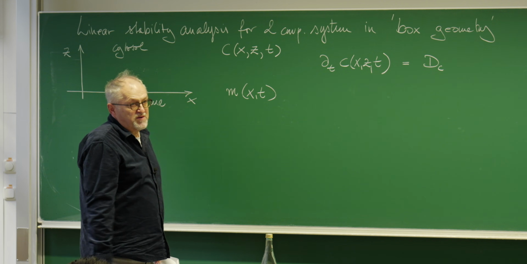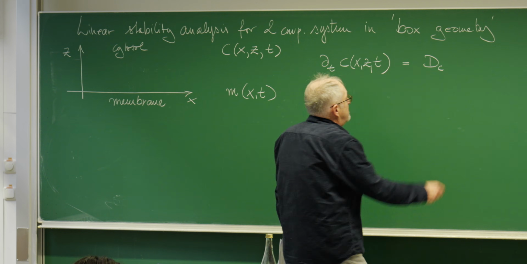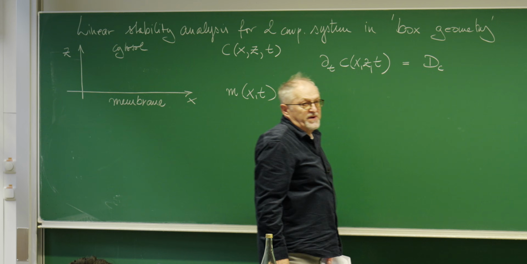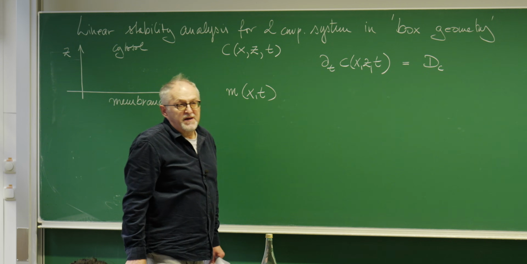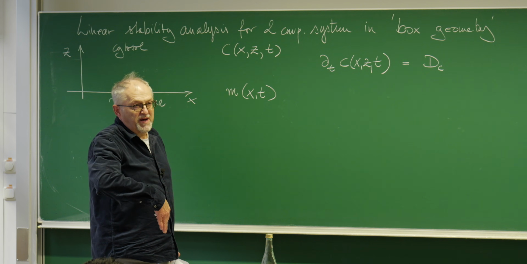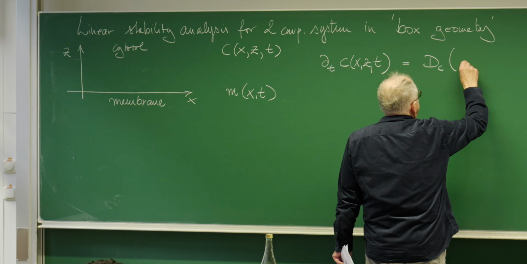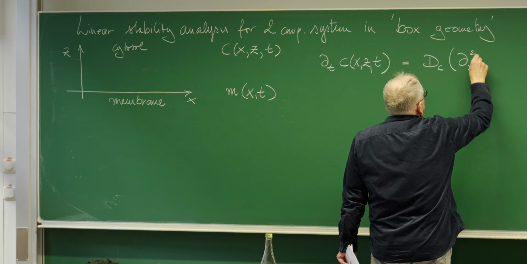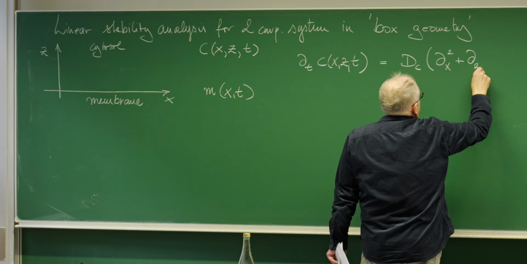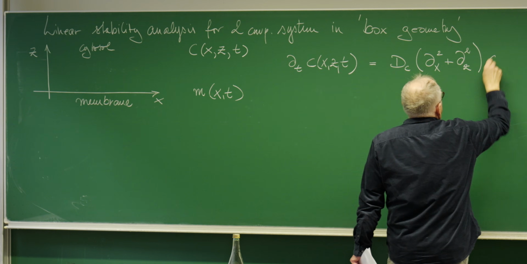So we just have one component, just the bulk component. And then I need to write the differential operator in bulk explicitly. And that's simple because it's just the Laplacian in bulk. That's the sum of a second derivative along the membrane and orthogonal to it.